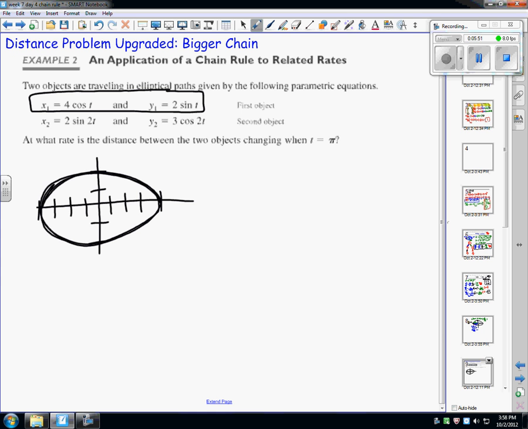That way. Now this guy is a totally different object, which is moving with 2 sine 2t, 3 cosine 2t. So my x's bounce between 2 and -2, and my y's go up to 3 and -3.